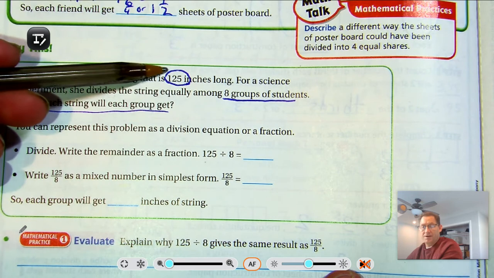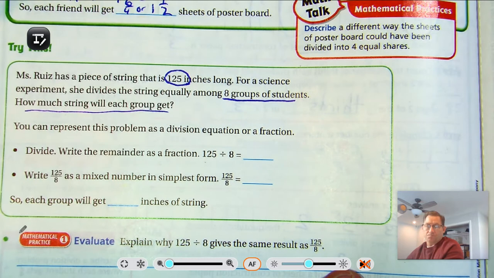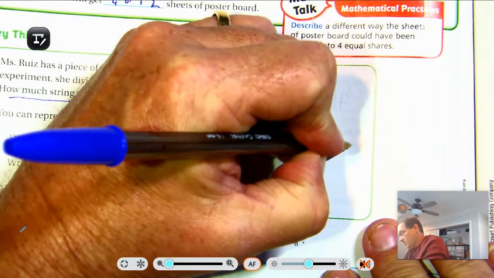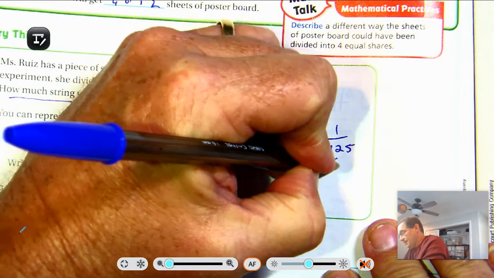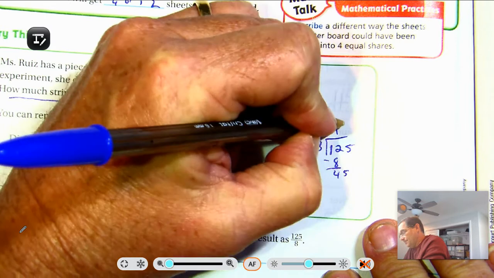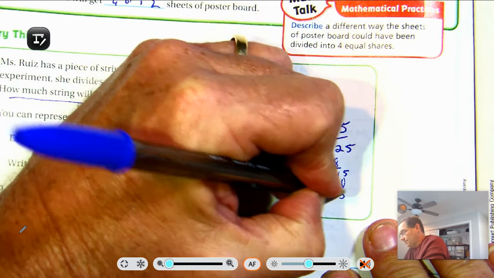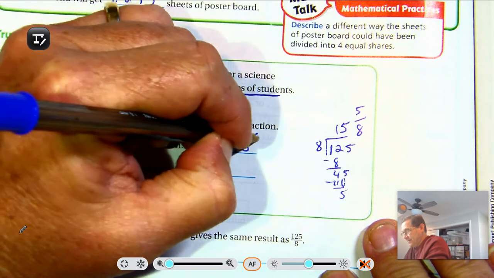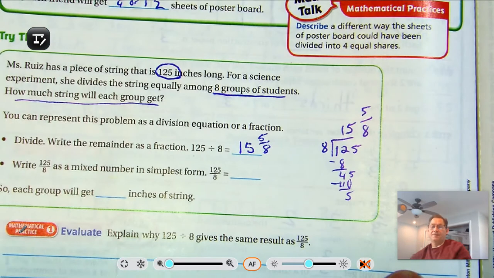125 inches to be shared with 8 groups. And we would write the remainder as a fraction. So 125 divided by 8 would be 15 5/8.